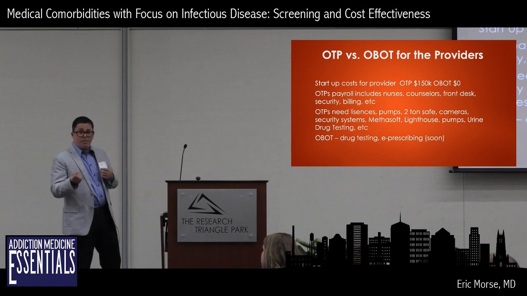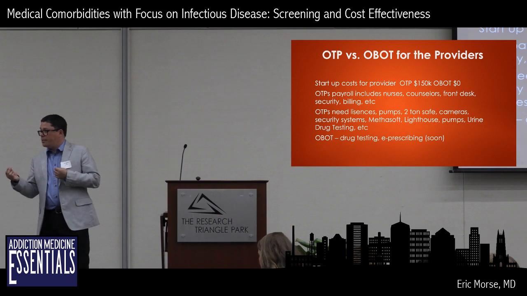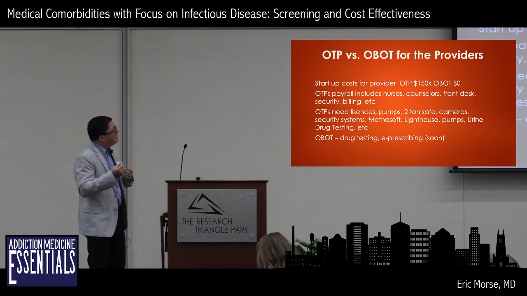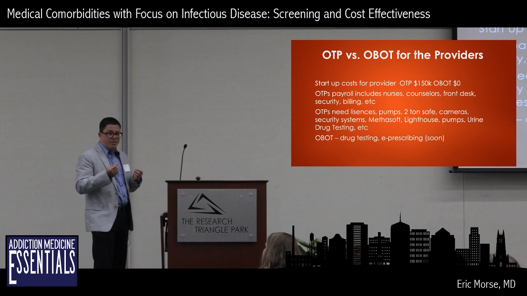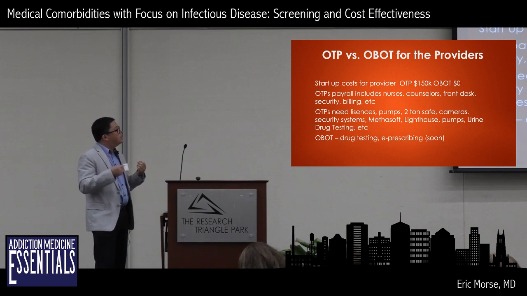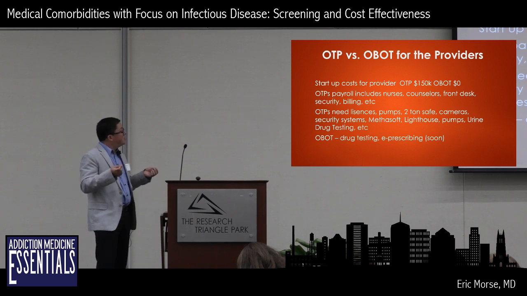You've got to hire counselors, there's a 50 to 1 ratio in an OTP, so for every 50 patients, you need at least one full-time counselor. And that's true even if you only have 1 or 2 patients when you first start. You have to have front desk, you need security, you need billing. You also need a doc. That's sometimes the most expensive part, and I usually work for free.